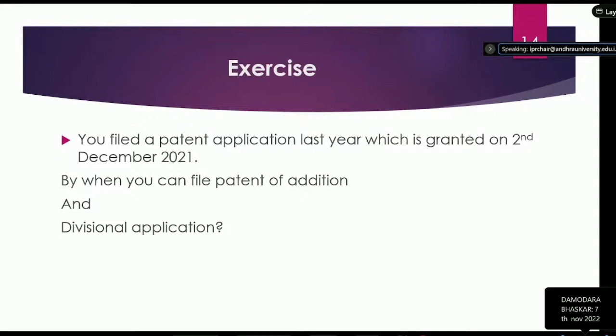So your patent is granted on 2nd December 2021. However, I have not mentioned when it was filed. So it is not clear in this question how long the patent will be in force. So till that time, you have time to file your patent of addition. However, you don't have time to file your divisional application because your patent is already granted on 2nd December 2021.